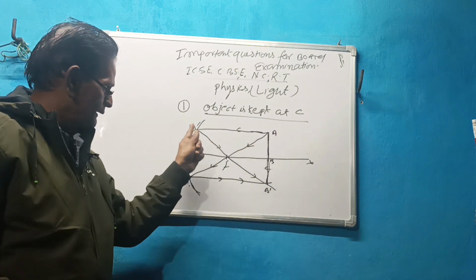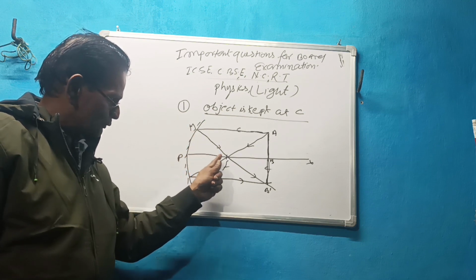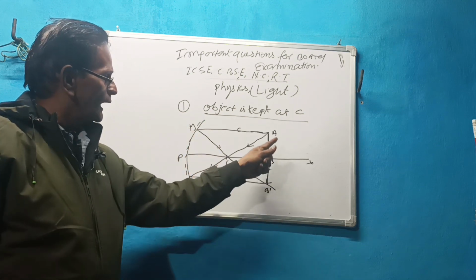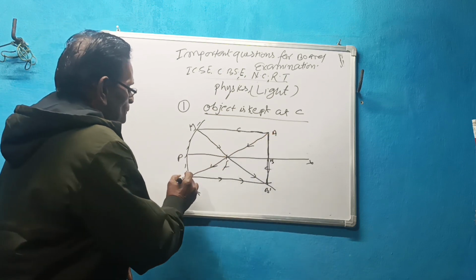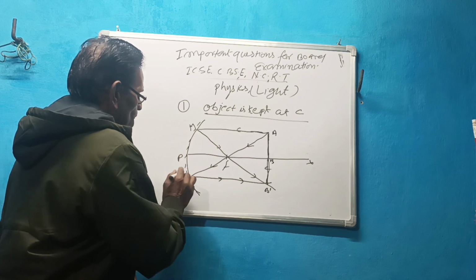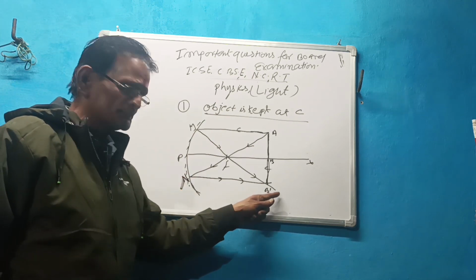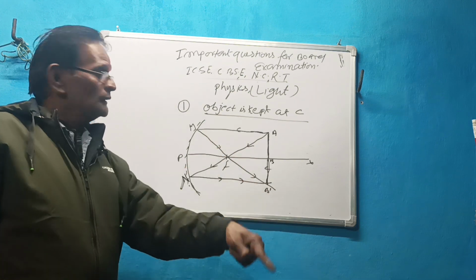Here AM is the incident ray and it is reflected through the focus. Another ray of light will come from F2 on, suppose, N. At point N it will reflect, and after reflection both of the rays are really cutting at the B dash point.